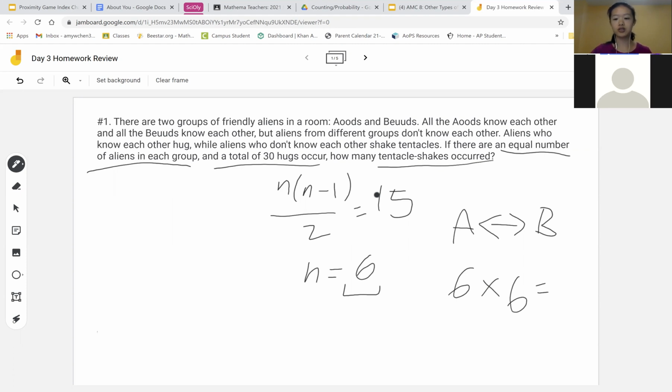The reason being that there's 6 people in one group shaking hands with each of the 6 people in the other group. So we would just do 6 times 6, which is 36. So Anand, you're on the right track. You got the 6 people. You just didn't quite calculate the handshakes correctly at the end.